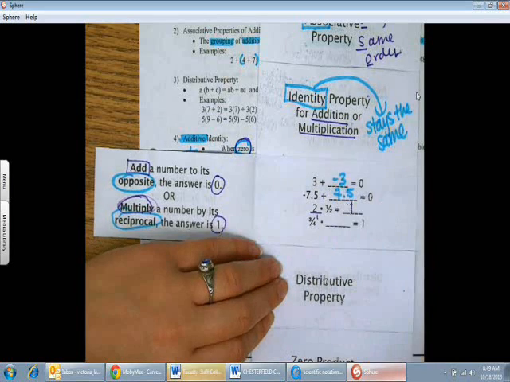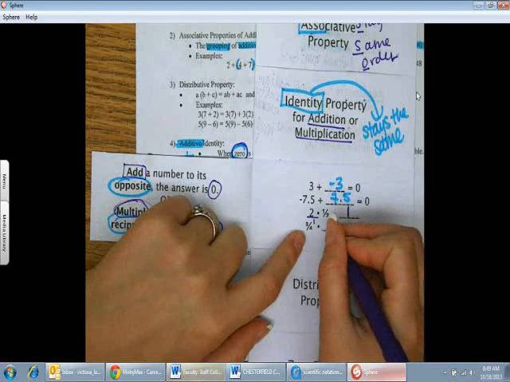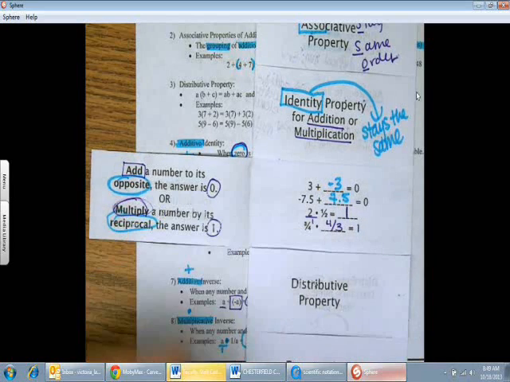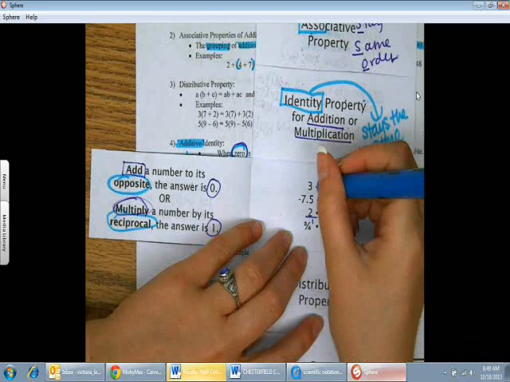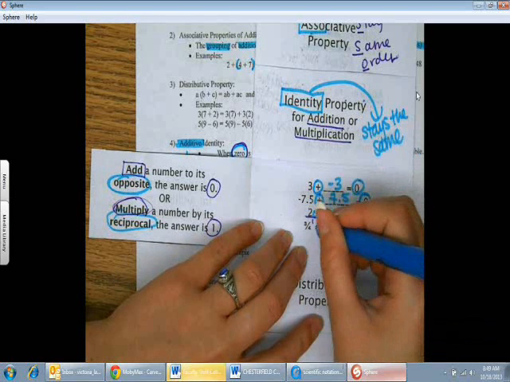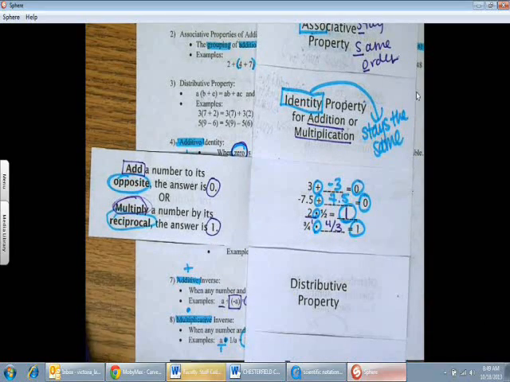That's the multiplicative identity, or the multiplicative inverse, sorry. And then the reciprocal of 3/4 is 4/3, so 3/4 times 4/3 is 1. And notice, for the addition one, we were getting 0 as our answer, and for the multiplicative one, we were getting 1 as our answer. Okay.